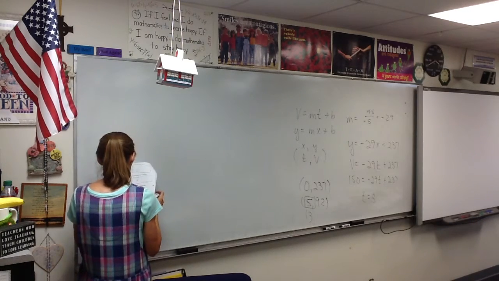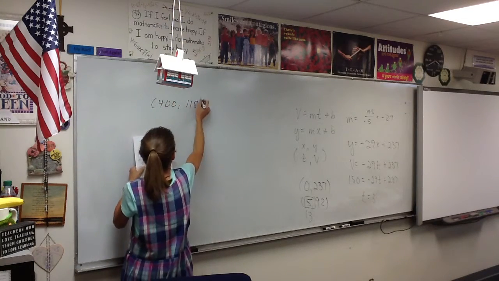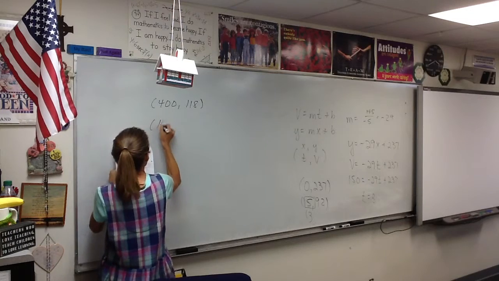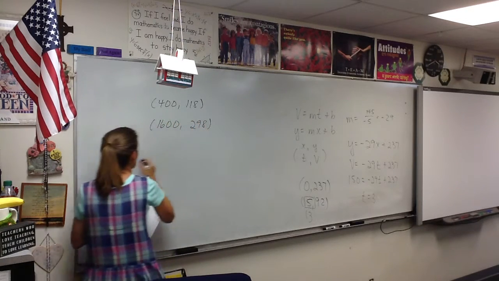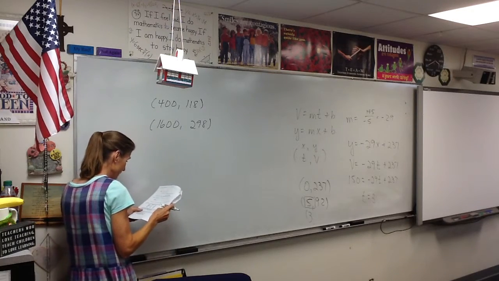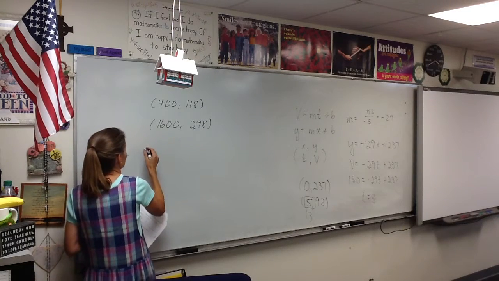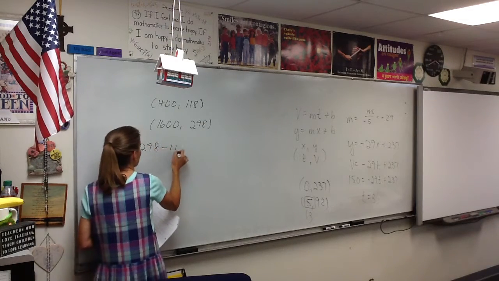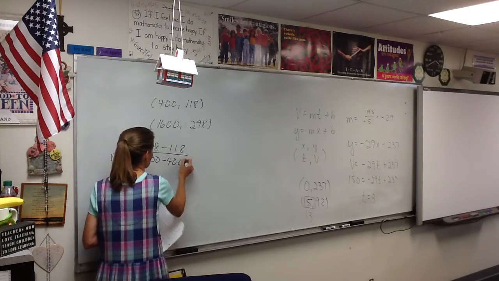Okay, and we're supposed to use Buffalo and Houston as our data points. Okay, so how do we write the equation of the line, Robert? Y equals mx plus b. So what's the first thing we have to do? Find the slope. So 298 minus 118 over 1600 minus 400.